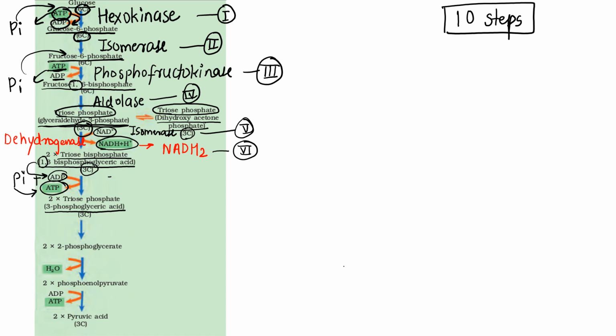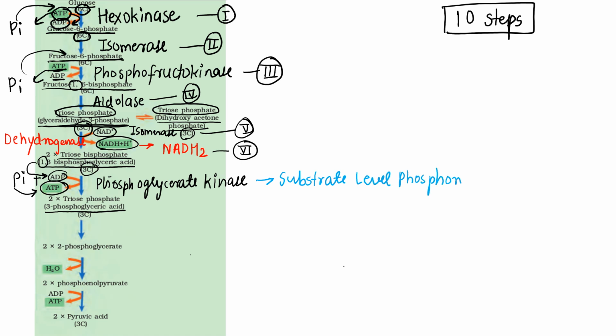Here the enzyme is phosphoglycerate kinase. And this is an important step. It is called substrate level phosphorylation. So this is the seventh step.